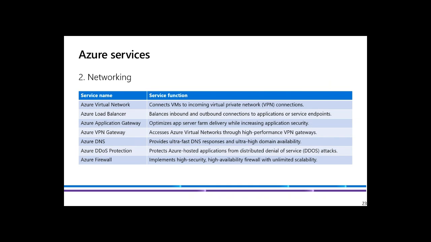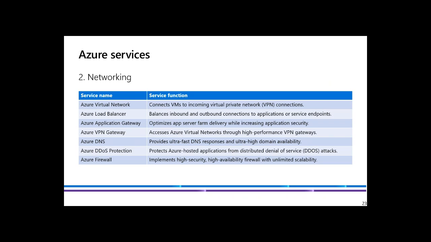Next, let's talk about networking. Linking these compute resources and providing access to applications is a key function of Azure networking. Networking functionalities in Azure include a range of options to connect to the outside world, to services and features in the global Azure data centers.